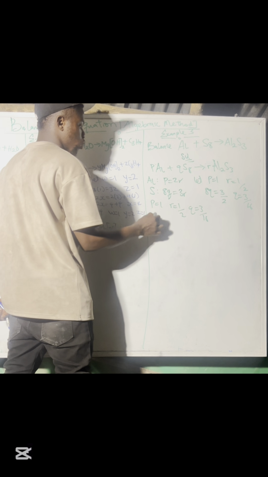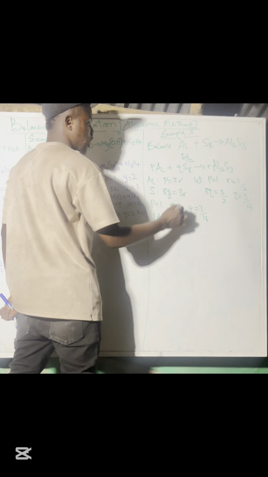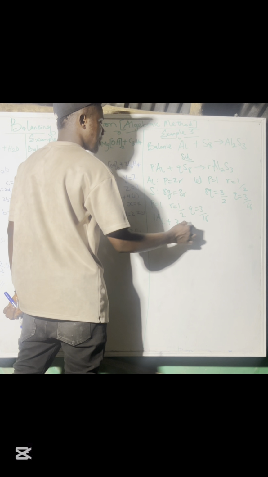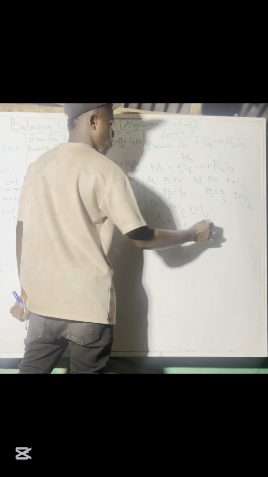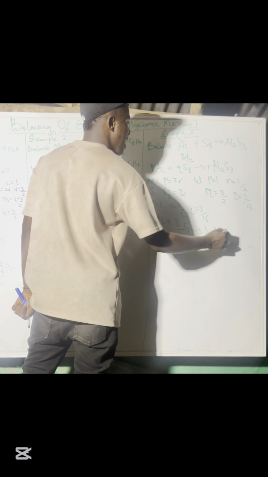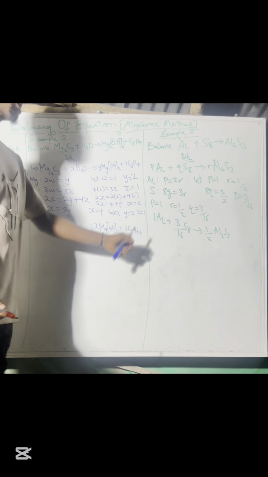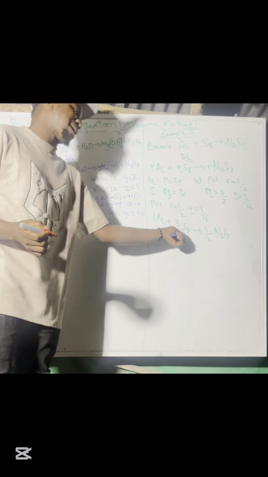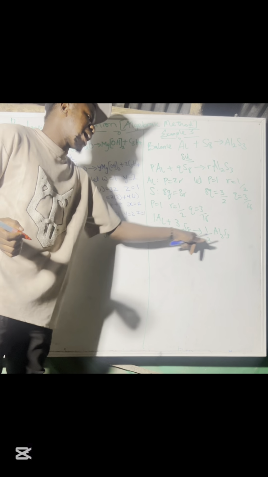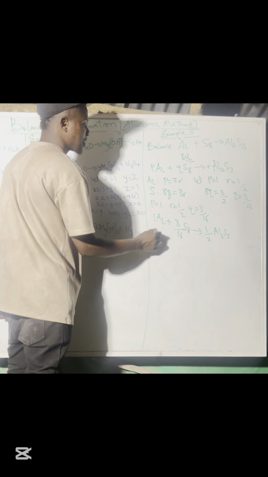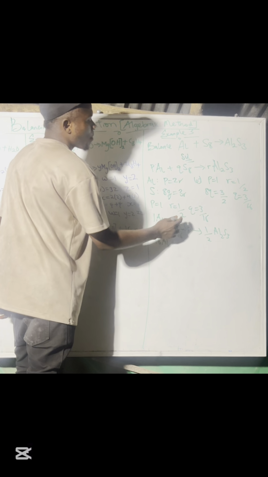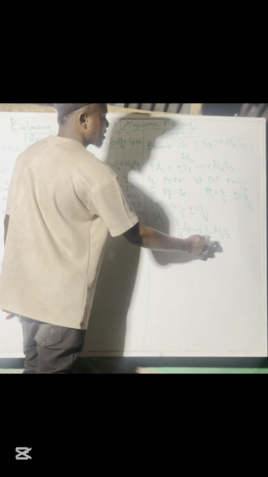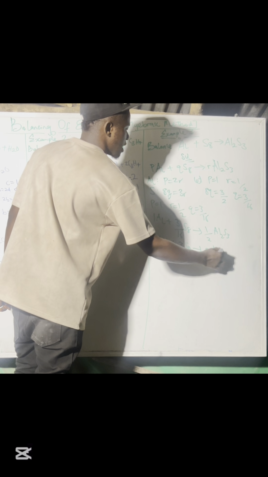So P is 1, that is 1 Al plus Q 3 over 16 S8 to give R 1 over 2 Al2S3. So in order to let my coefficient be in whole numbers, I multiply both sides by the LCM, this 16. So this will be 16 times 1, that is 16 Al. If I multiply 3 over 16 by 16, I get 3 S8 to give 16 times 1 over 2, that is 8 Al2S3.